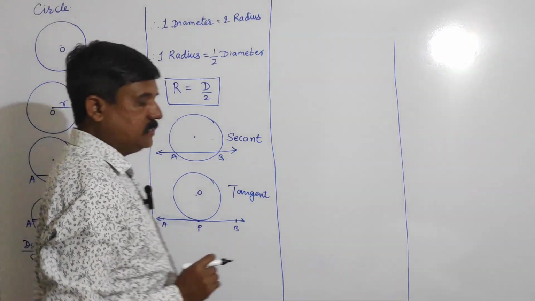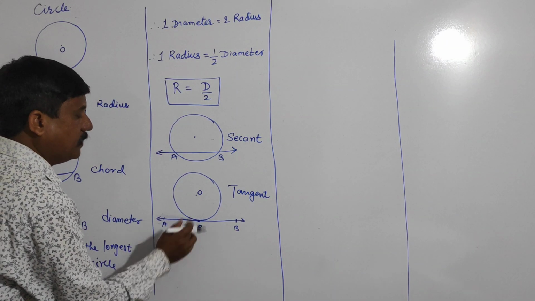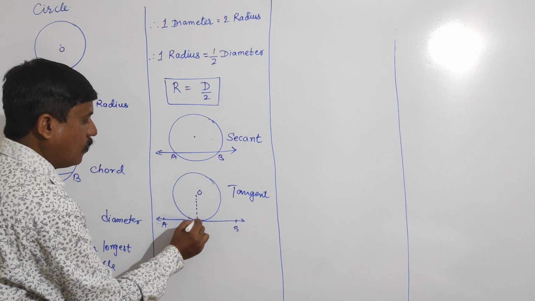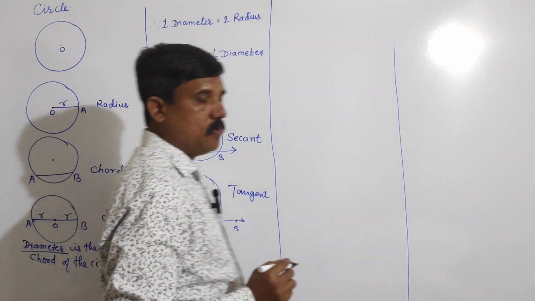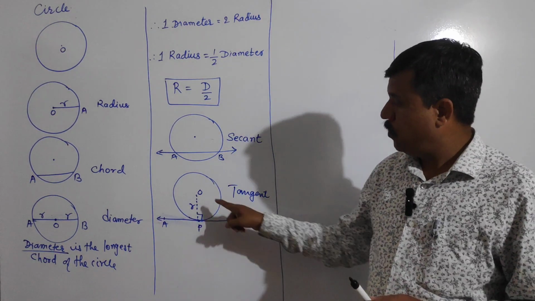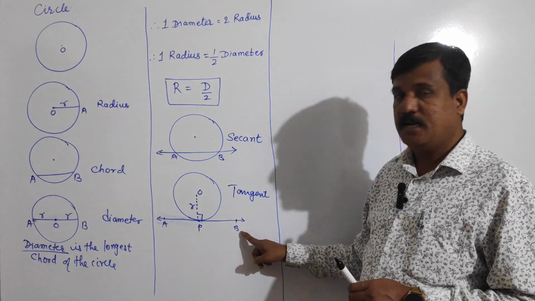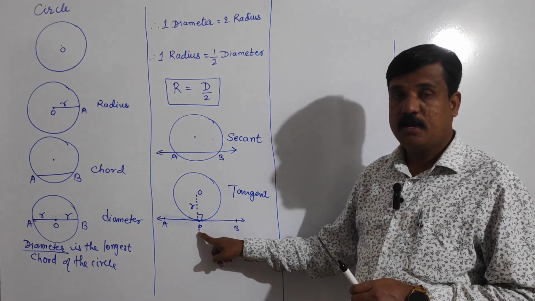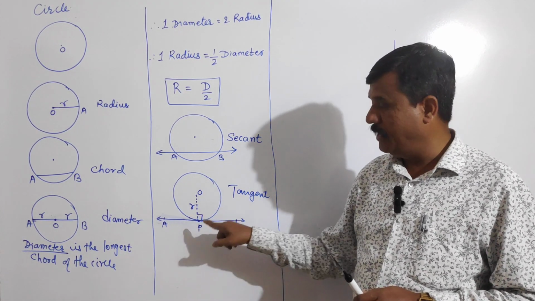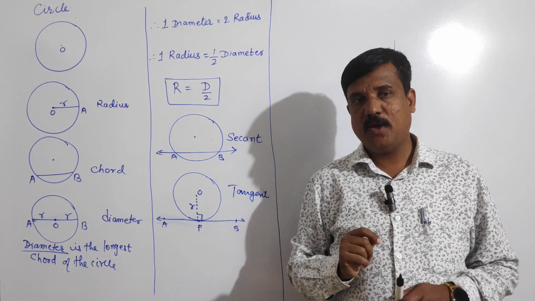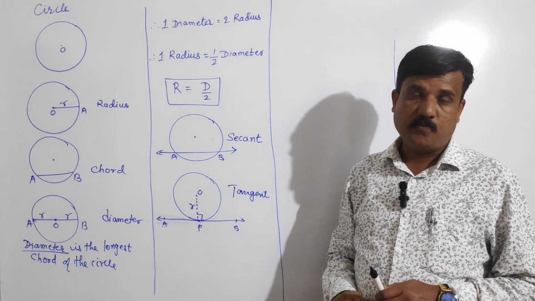Tangent AP intersects the circle at point P, and OP is the radius. OP is the radius, AP is the tangent at point P. It touches the circle at point P at only one point. So it is called a tangent.